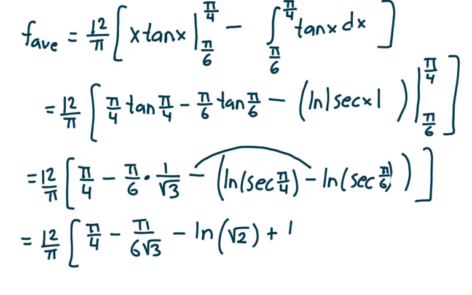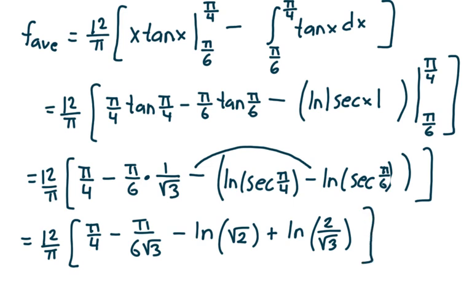And then I'm going to go natural log of, now let's reason this out. If I want secant of pi over 6, I just happen to know that cosine of pi over 6 is square root of 3 over 2. So I'm going to go 2 over the square root of 3, like this.